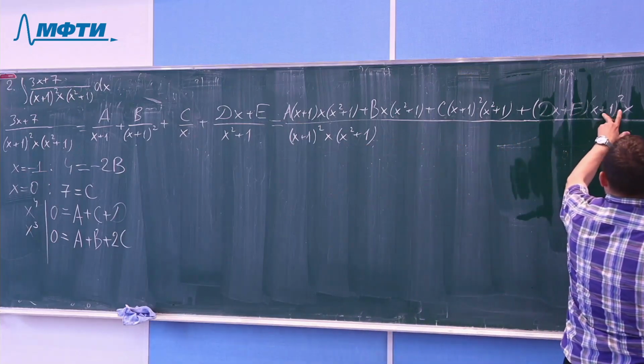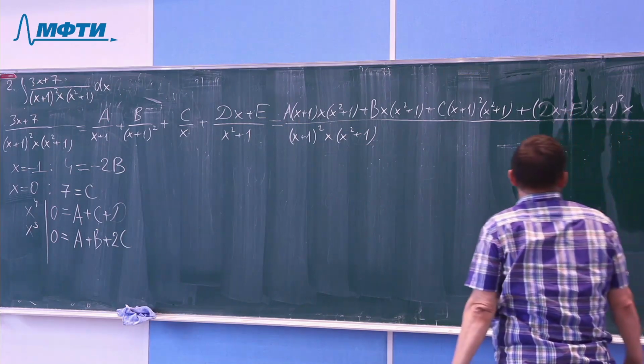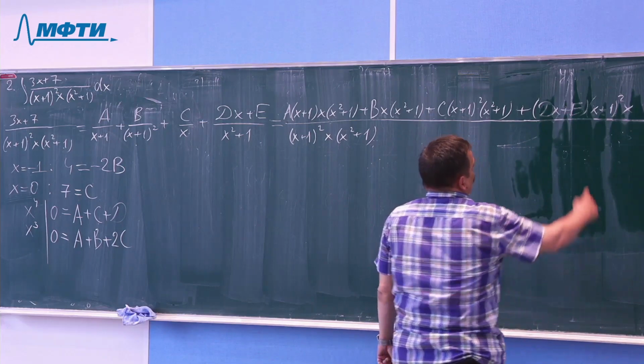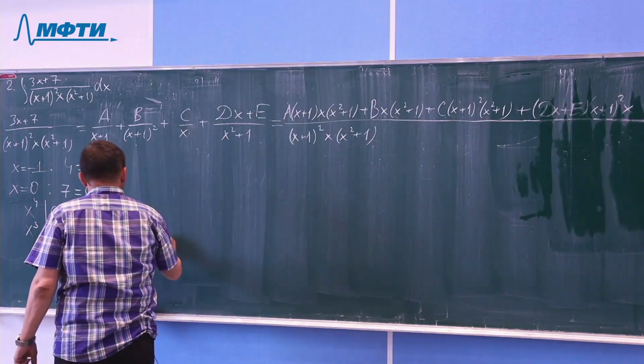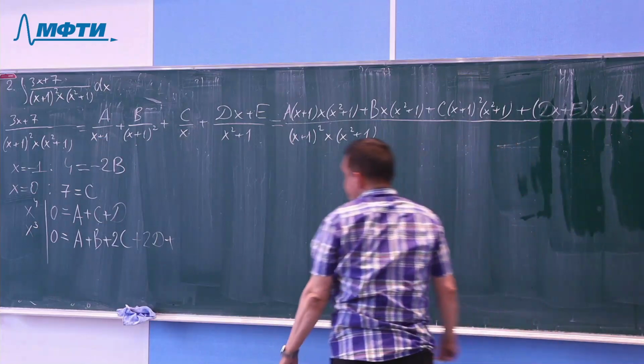And here 2x squared times dx, so 2d, and also e times x cubed, right? So plus e.